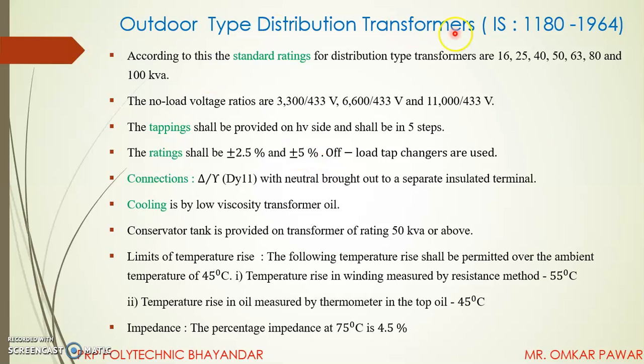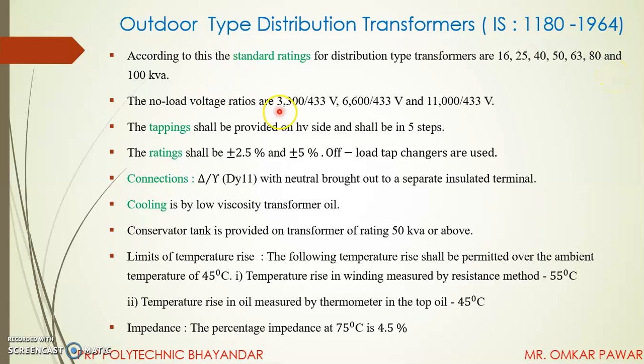Outdoor type distribution transformer, that is the first Indian Standard 1180/1964. According to this standard, the ratings for distribution type transformers are 16, 25, 40, 50, 63, 80 and 100 kVA.